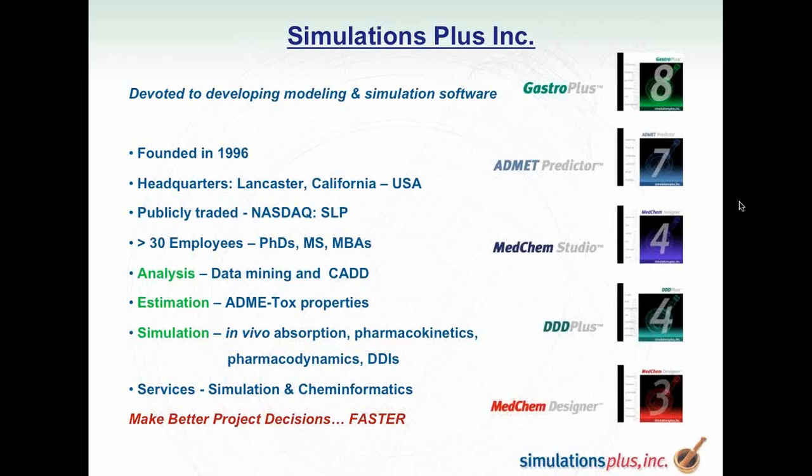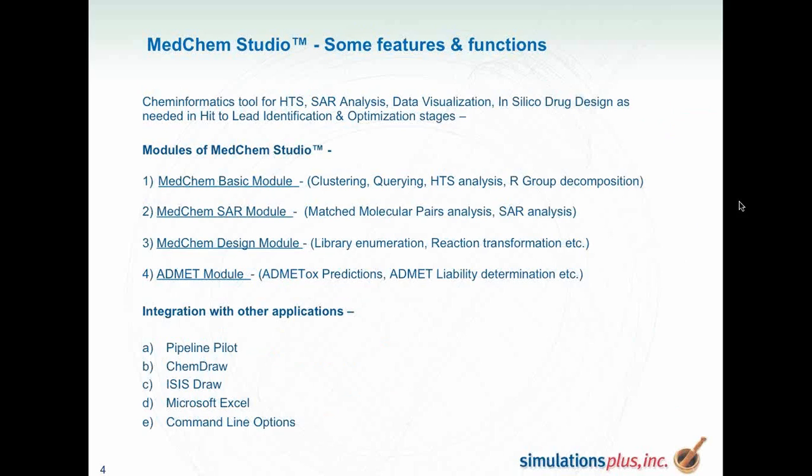So the focus of this webinar is going to be on the features and functions of MedChem Studio for data mining and in silico drug designing. Just to give you a brief overview of the software, it comes with 4 different modules. MedChem Studio Basic is a module that is used for clustering, building queries, performing high-throughput screening analysis, and R-group decomposition.